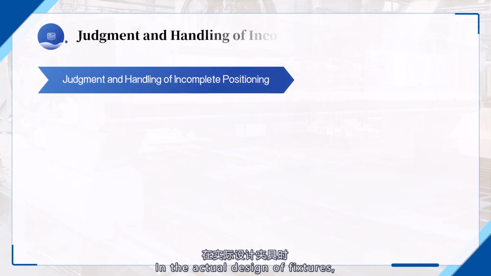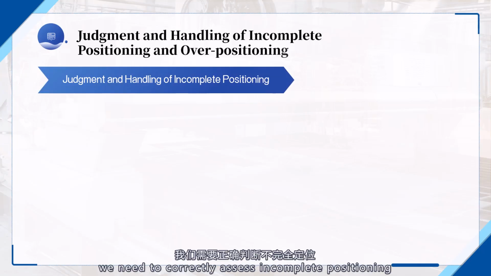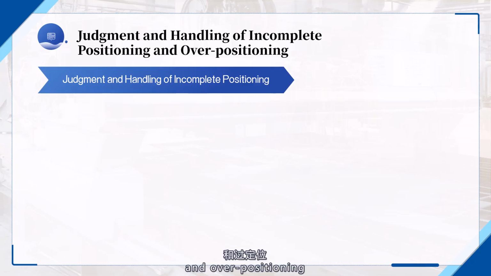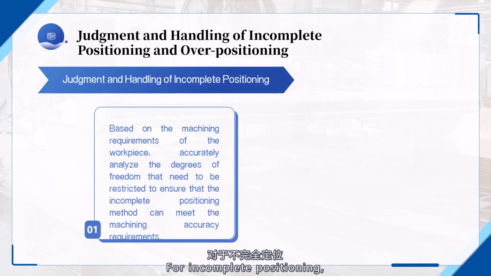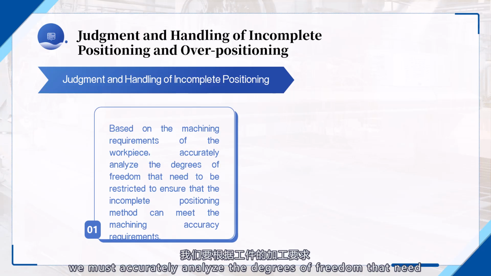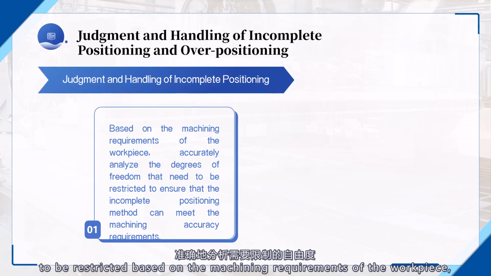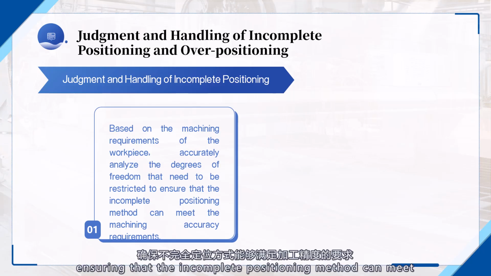In the actual design of fixtures, we need to correctly assess incomplete positioning and over-positioning and take appropriate measures. For incomplete positioning, we must accurately analyze the degrees of freedom that need to be restricted based on the machining requirements of the workpiece, ensuring that the incomplete positioning method can meet the machining precision requirements.